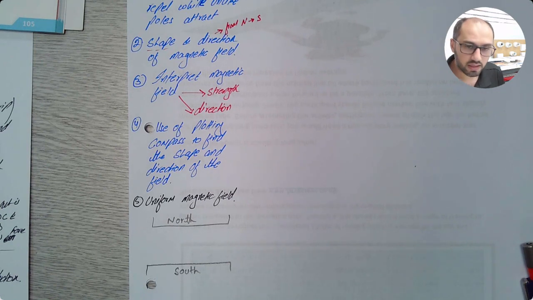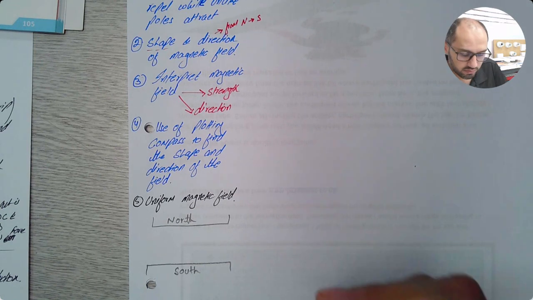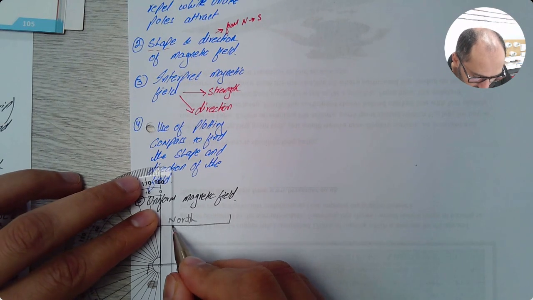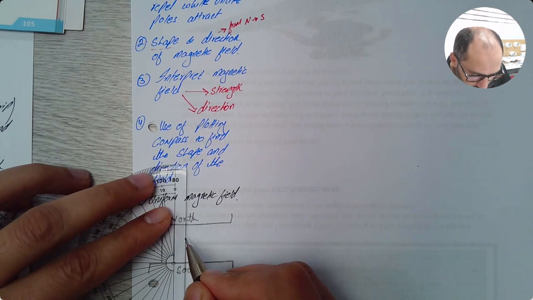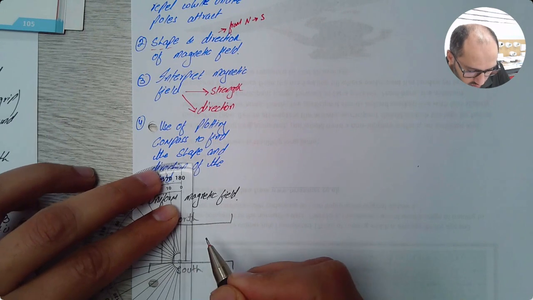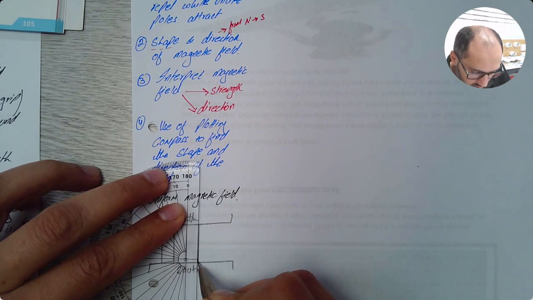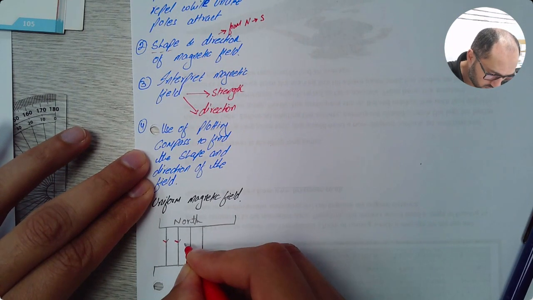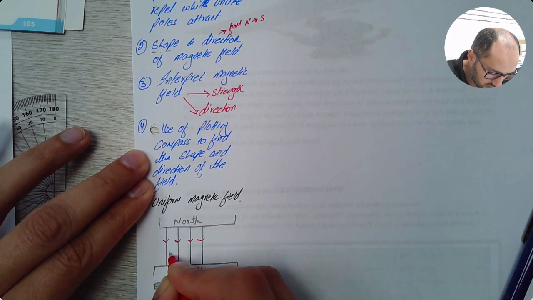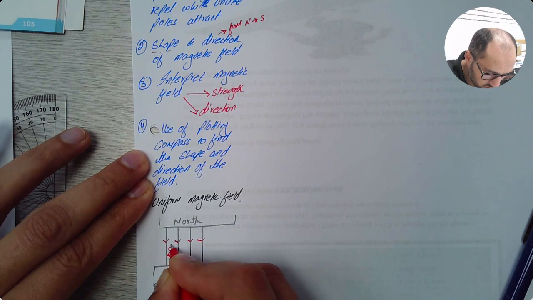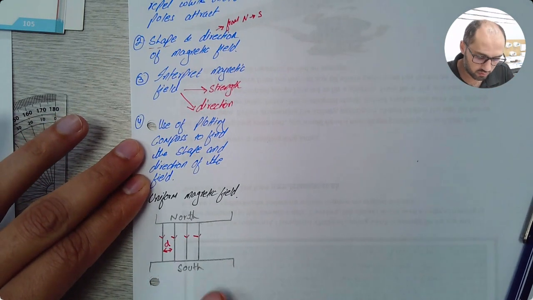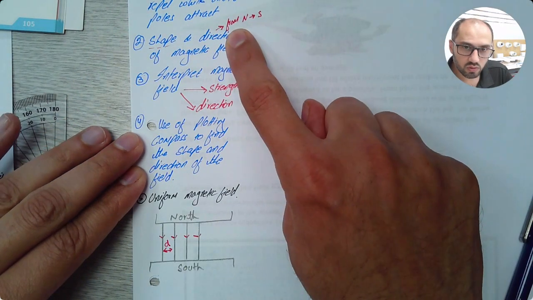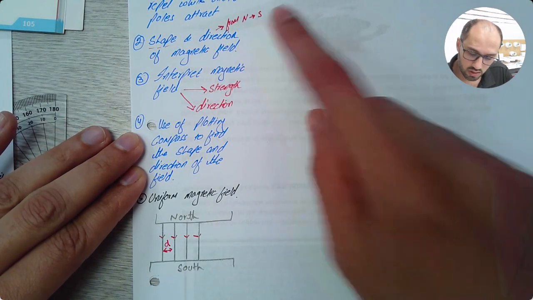In this case, I can have a uniform magnetic field. You need to remember these will be parallel lines, and they will be at equal distance from each other. Let's say this is 1, 2, 3, and the distance between them is going to be d. If you look at the direction, I followed the same rule. The direction is always from north to south.